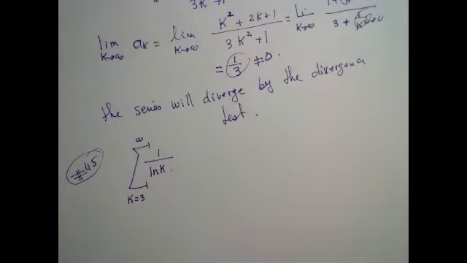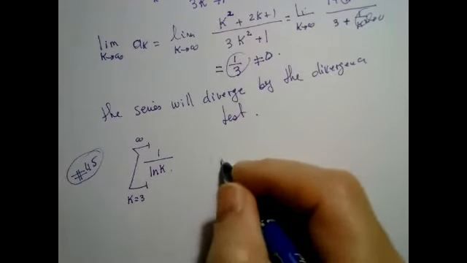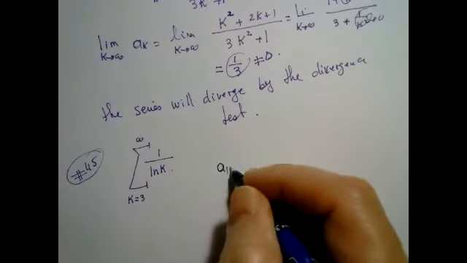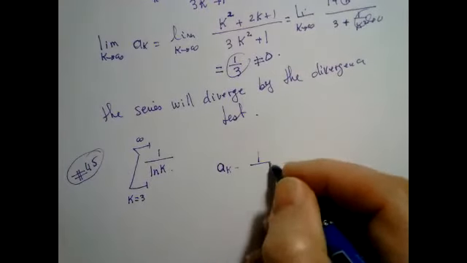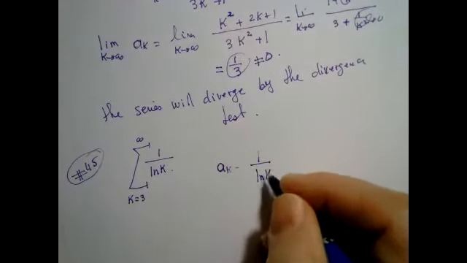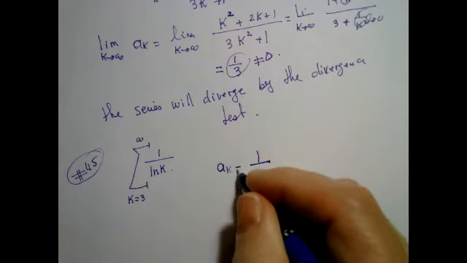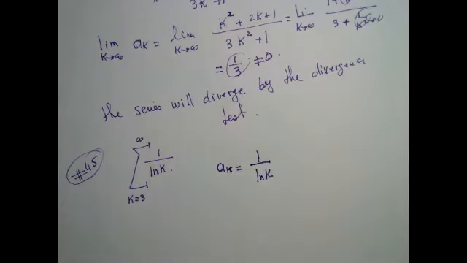So what we know so far is the divergence test, integral test, limit comparison, and comparison. These are the tests that we've seen so far. I always write the term in front of me to see which test I can use. So I examine the term, what type of terms I have.